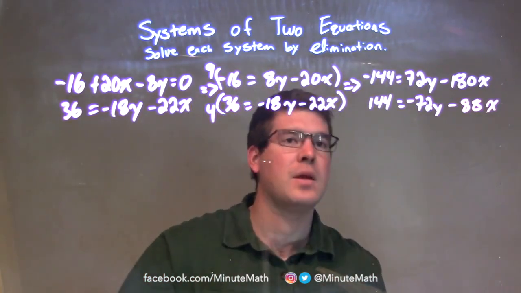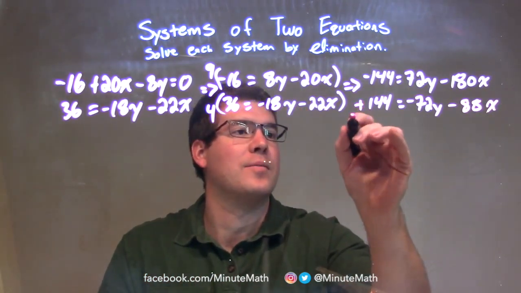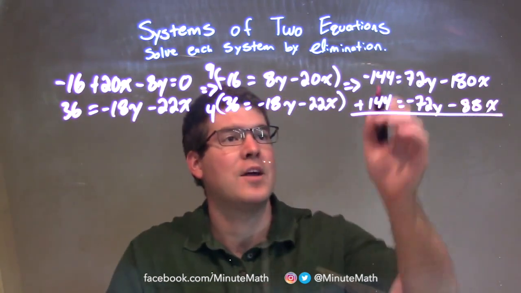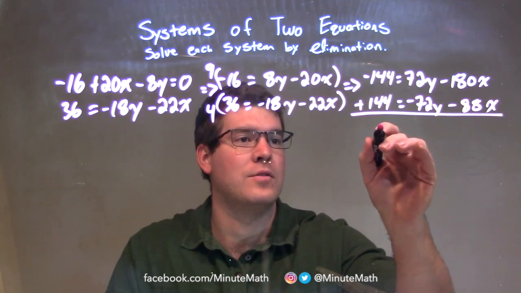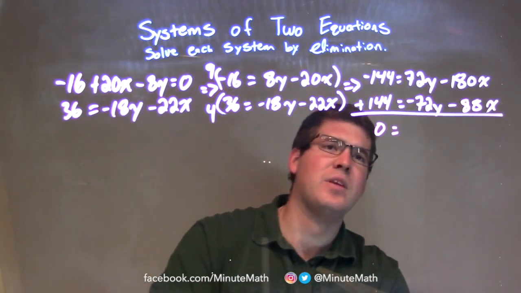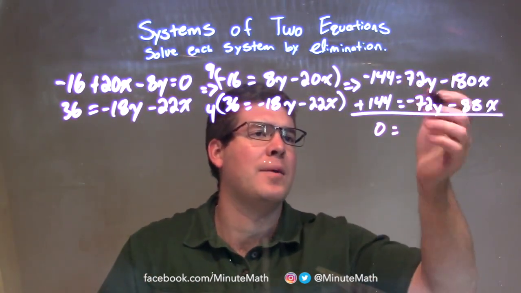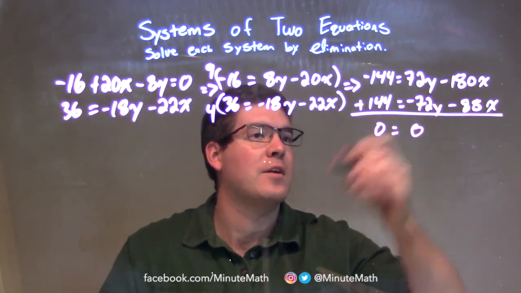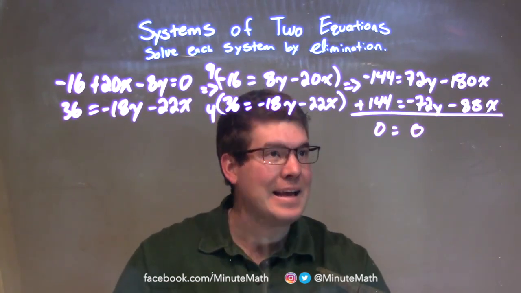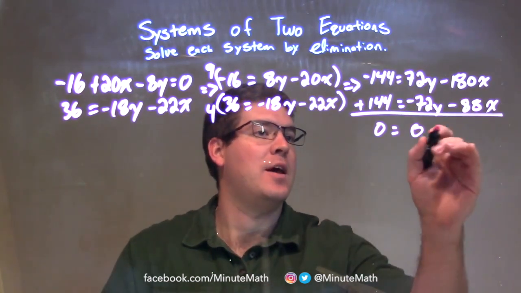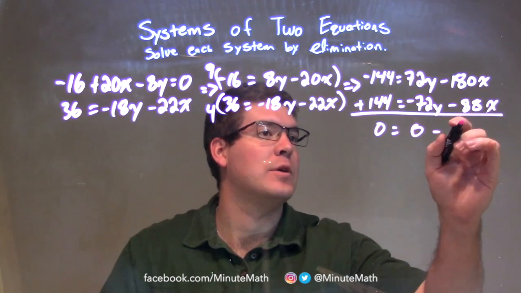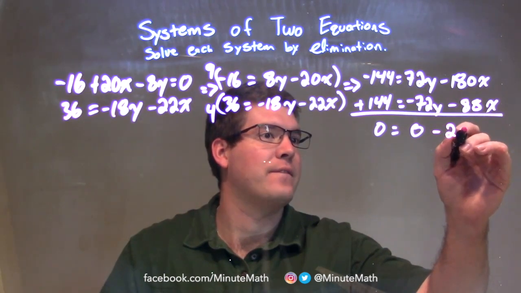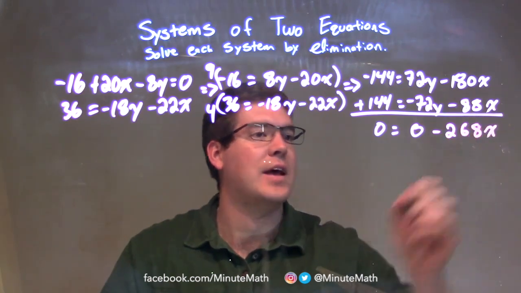Bring over the x. So now we have to add our two equations here. Okay, and this is a little tricky here. Be careful. We have a -144 plus a positive 144, which is 0. 72y minus 72y is just 0. -180x minus 88x is going to be a minus 268x.